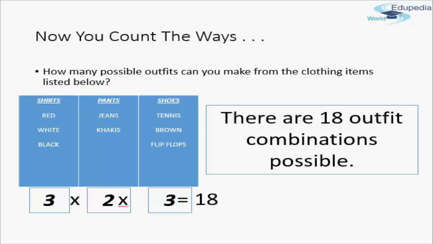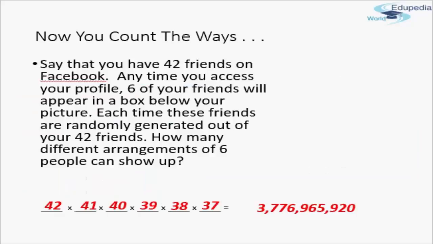Now let's look at the last example before we finish this. This is another example I'm pretty sure all of you have experienced in your life. Let's say that you have 42 friends on Facebook. Any time you access your profile, 6 of your friends will appear in a box below your picture. Each time these friends are randomly generated out of 42. How many different arrangements of 6 people can show up?